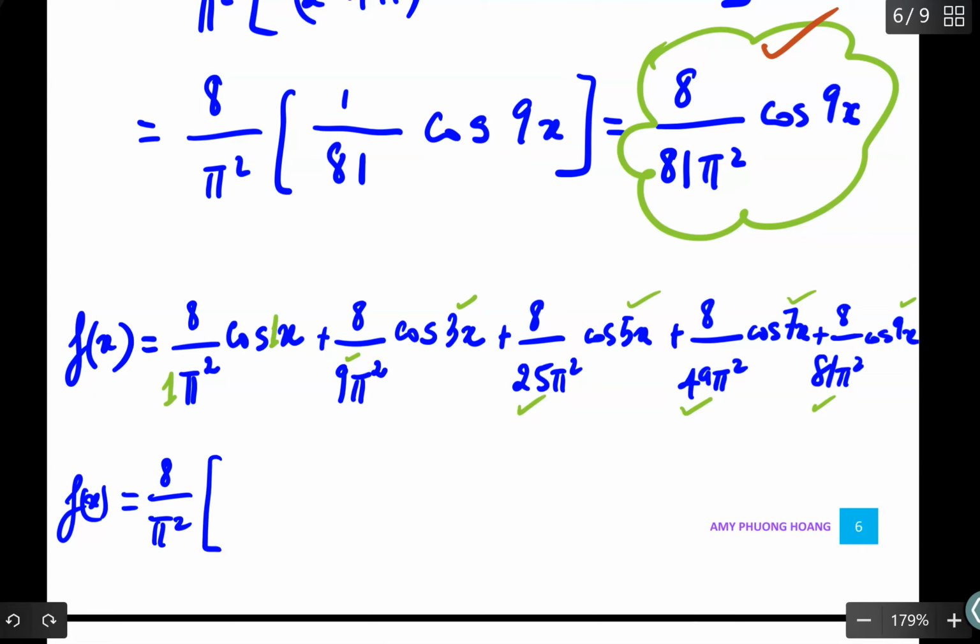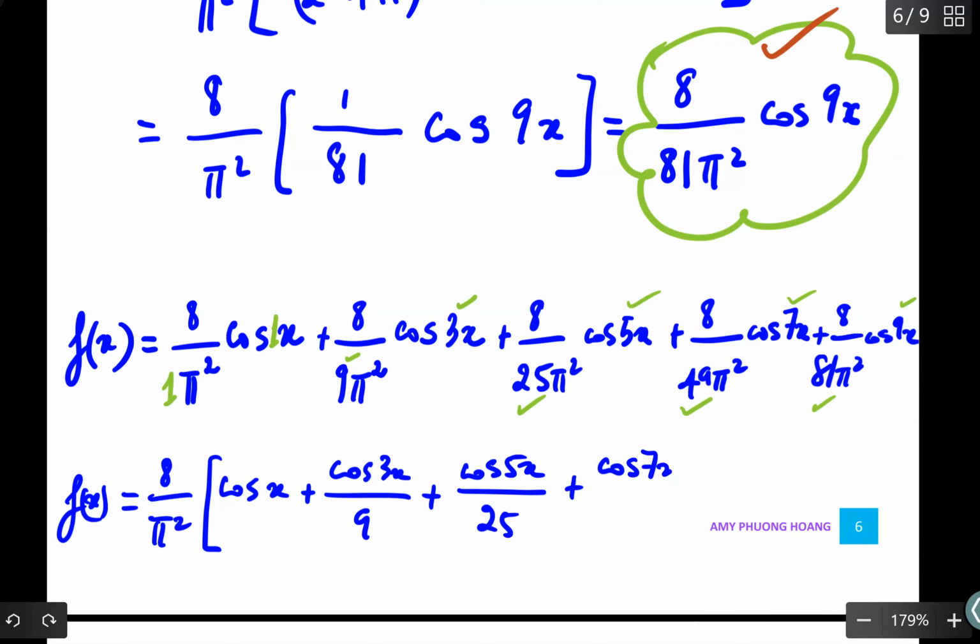So inside the brackets, I am left with cos of x plus cos of 3x divided by 9 plus cos of 5x divided by 25 plus cos of 7x divided by 49 plus cos of 9x divided by 81. So there it is.